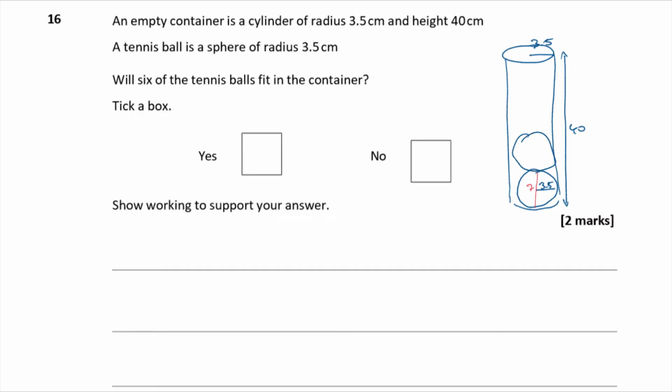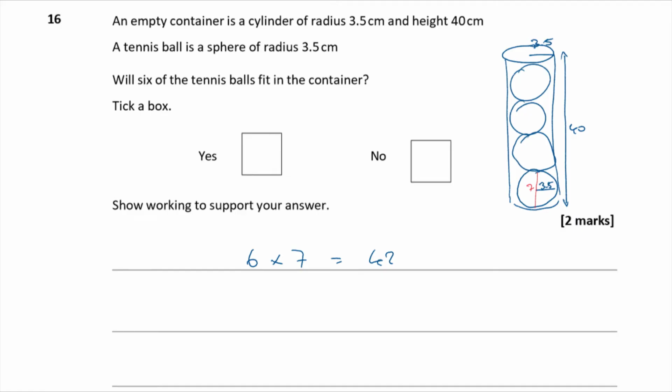So if you add another one on, it's going to be another 7. Another one on, it's another 7, isn't it? So how many 7s fit under 40? Well, 7, 14, 21, 28, 35, 42. So 42 would be the height of 6 balls, because 6 times 7 is 42.